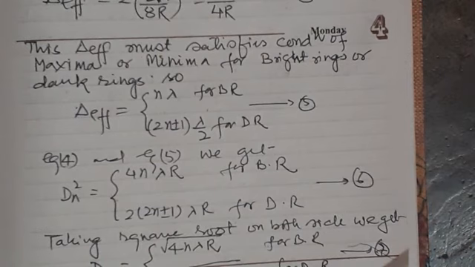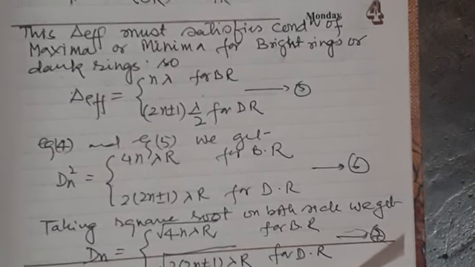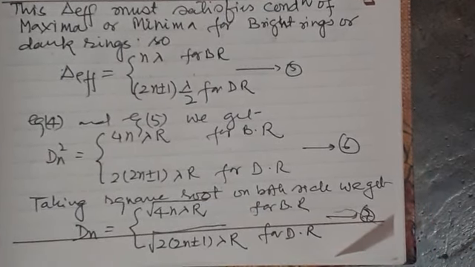Taking the square root on both sides, we get dn is equal to square root of 4n lambda R for the bright ring, and the square root of twice of (2n plus minus 1) lambda R for the dark ring. That is equation 7.